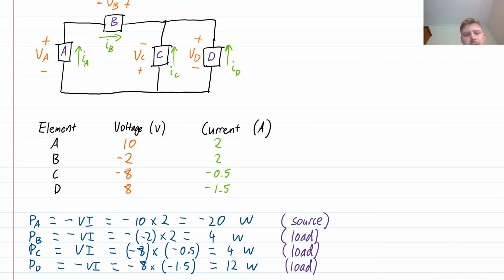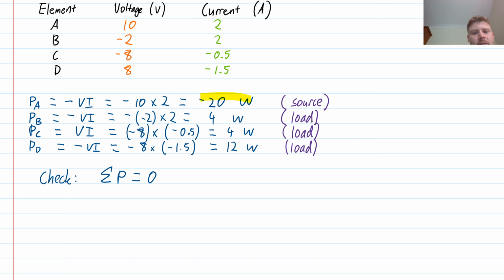Now I can do a check on these values. A check should be that power is conserved, so the sum of the power should add to 0. I can read these values straight off here and check that they all add up to 0.